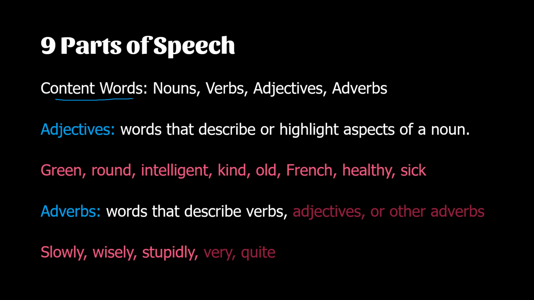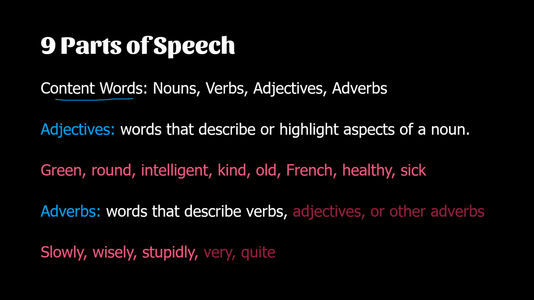Old describes the condition or the age of something. French is the origin. Healthy is the condition, as is sick. So I can have a green apple, a round apple, an intelligent student, a kind friend, an old man, a French woman, a healthy dog, a sick cat, etc., etc.